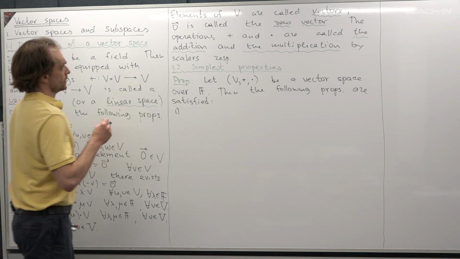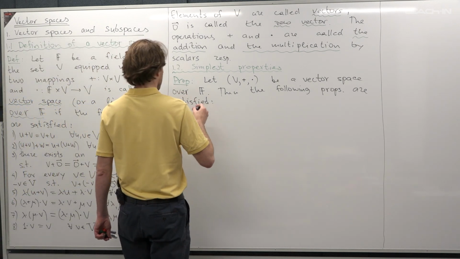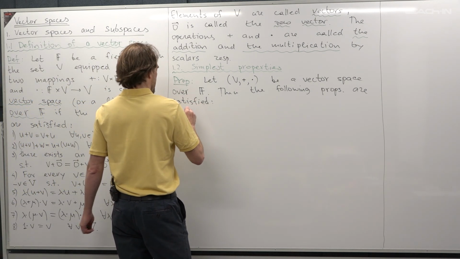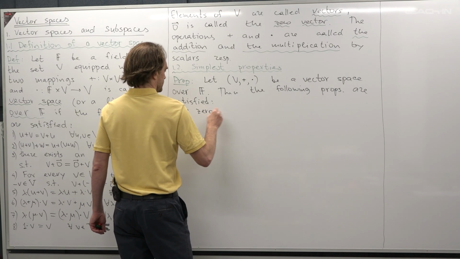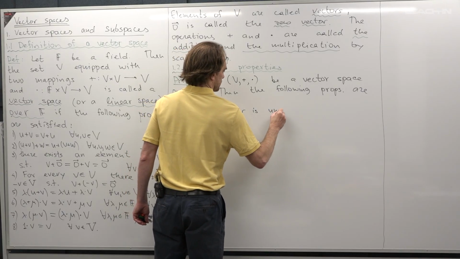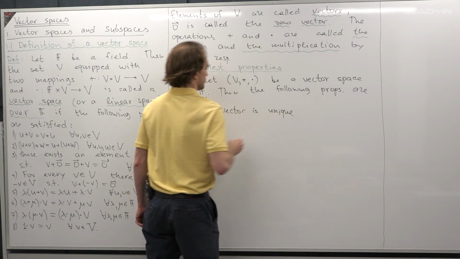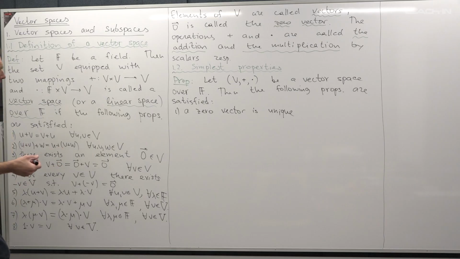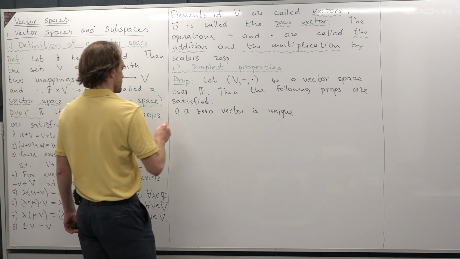So the first property, a zero vector, I will write it like this, is unique. It follows from the definition that it is unique.